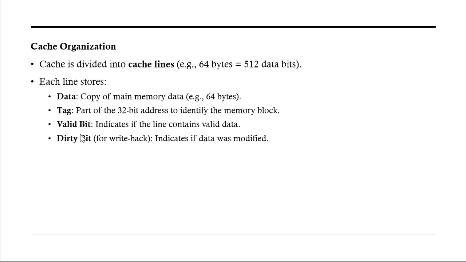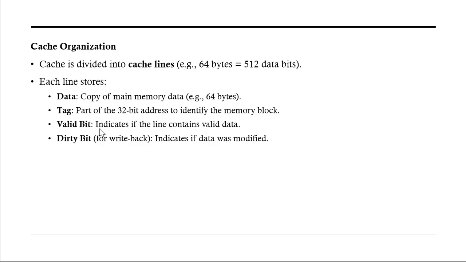So, cache organization. In this one, cache is made up of lines. Each line stores a small block of memory. A tag here is to identify it, and the bits are to show whether the data is valid or modified.